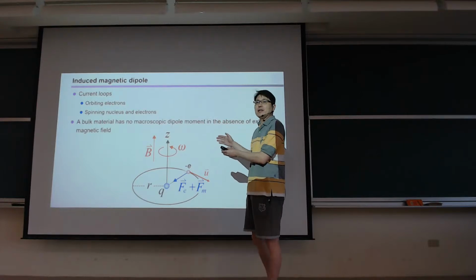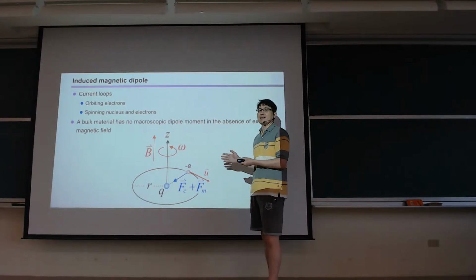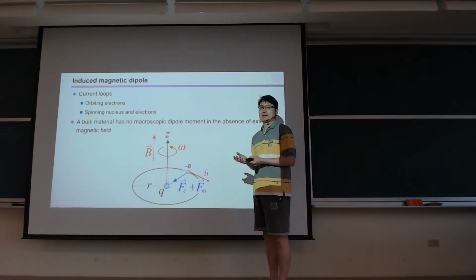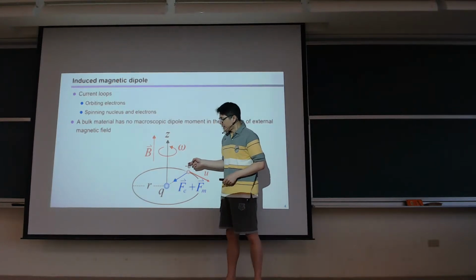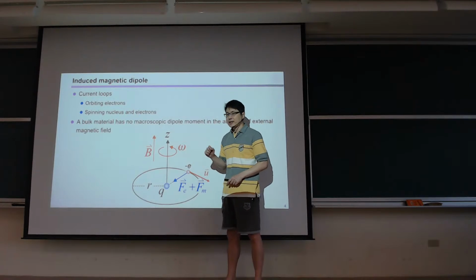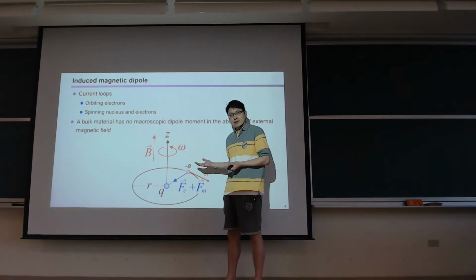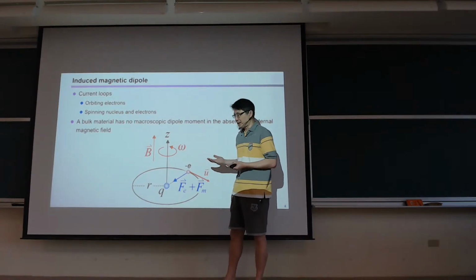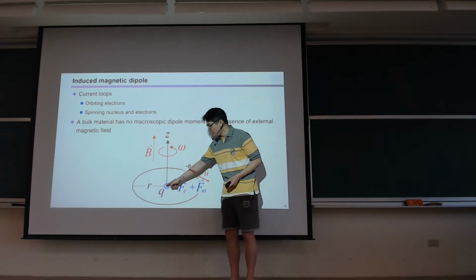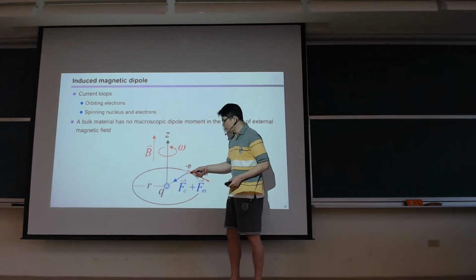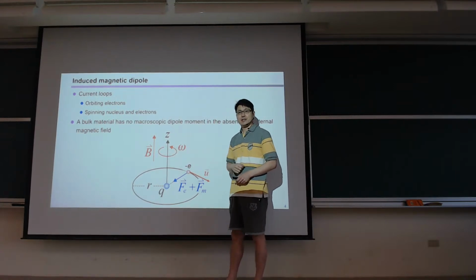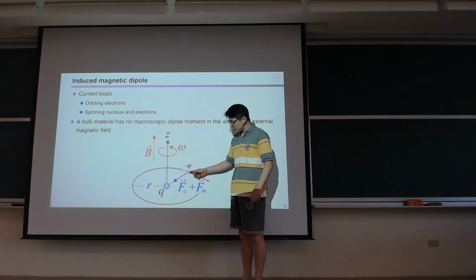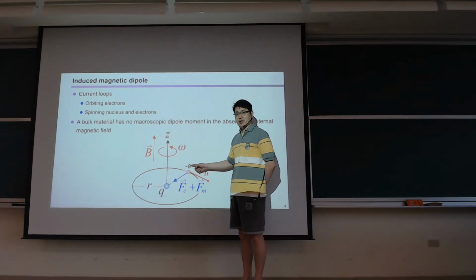So if we look into the atomic sense, in a very microscopic view, the way to create a closed loop current conducting device, the magnetic dipole, is, well, if you have the nucleus and you have an electron orbiting the nucleus, the electron carries a negative charge, right?